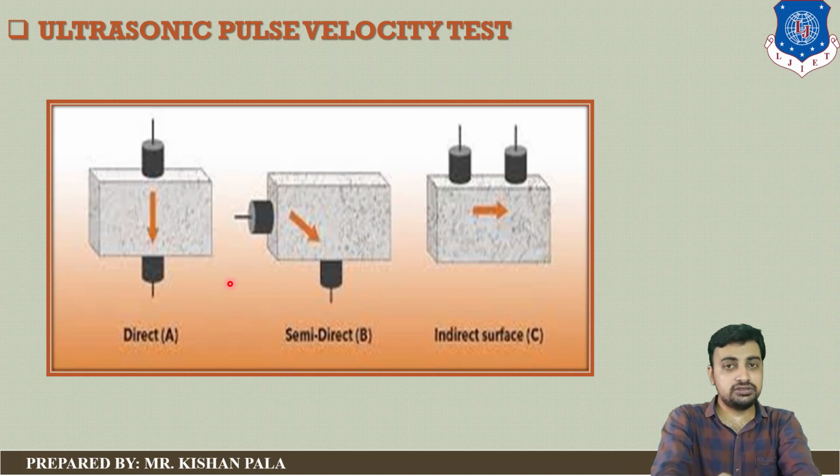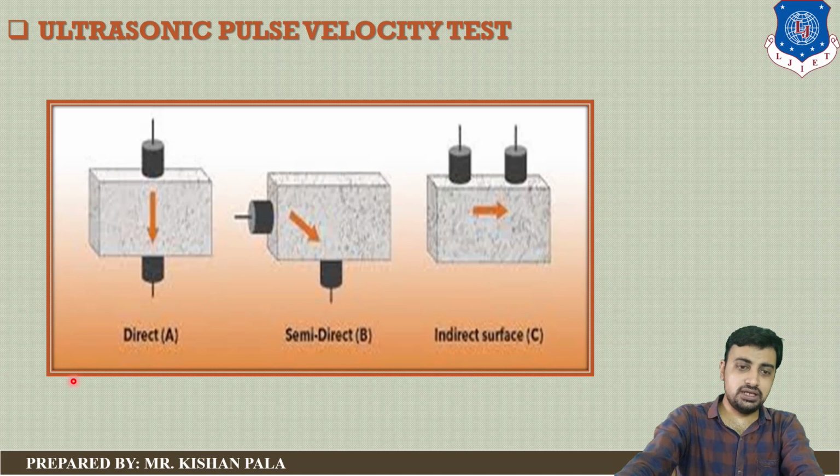The velocity is measured because the velocity of the ultrasonic pulse differs with the different properties of the concrete mass. So after measuring this velocity, we can easily identify the hardened properties of the concrete mass, and with this principle we can easily measure the hardened property of the concrete mass. Here there are three types of arrangement you can see on your screen.